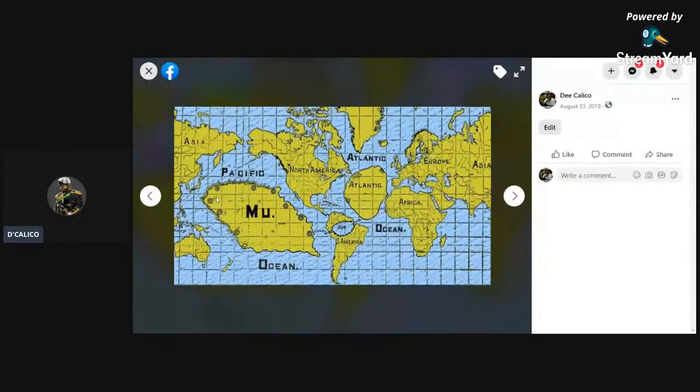But we also have the continent of Mu, which is also known as Lemuria, the sunken continent in the Pacific, which we've seen the pyramidal structures and art located beneath the sea.